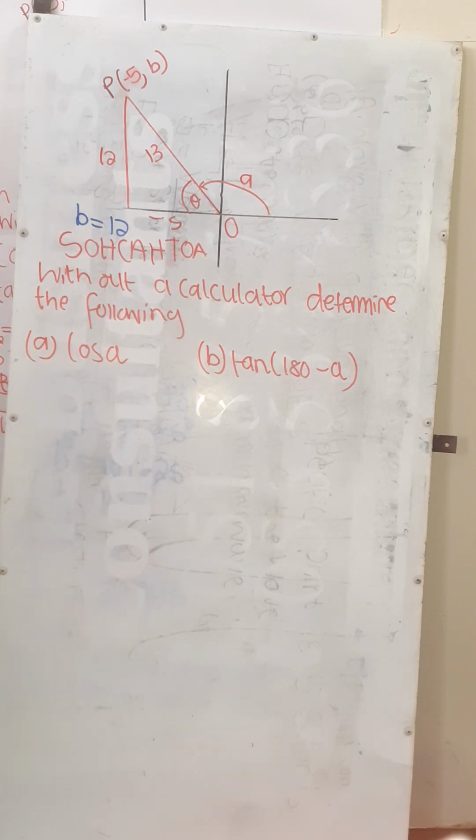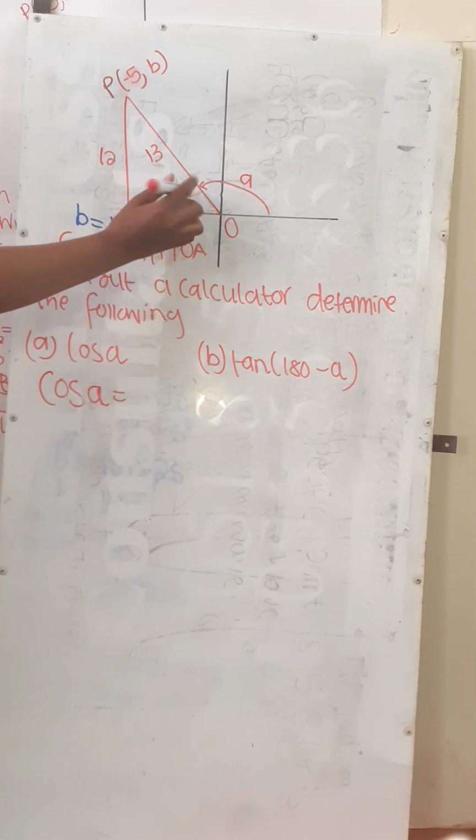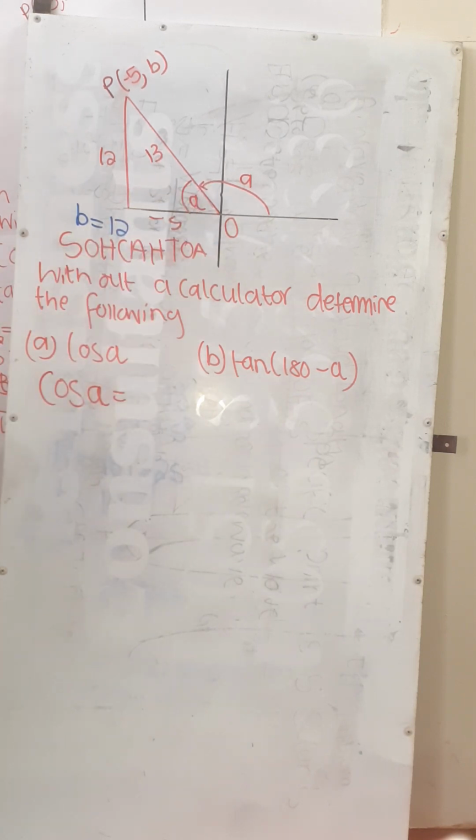So here what we're supposed to do is to say cos alpha in this question is equal to adjacent over hypotenuse, right?